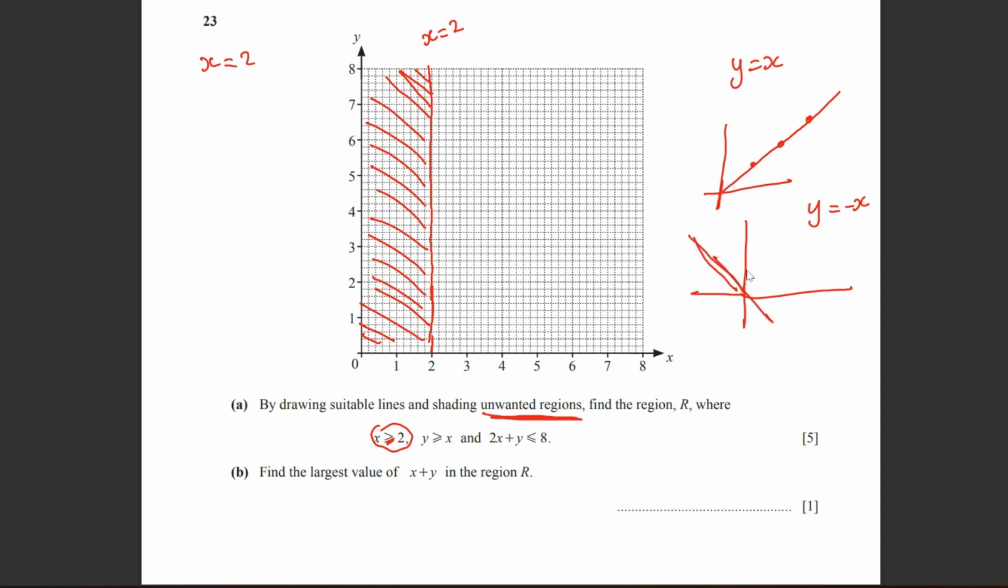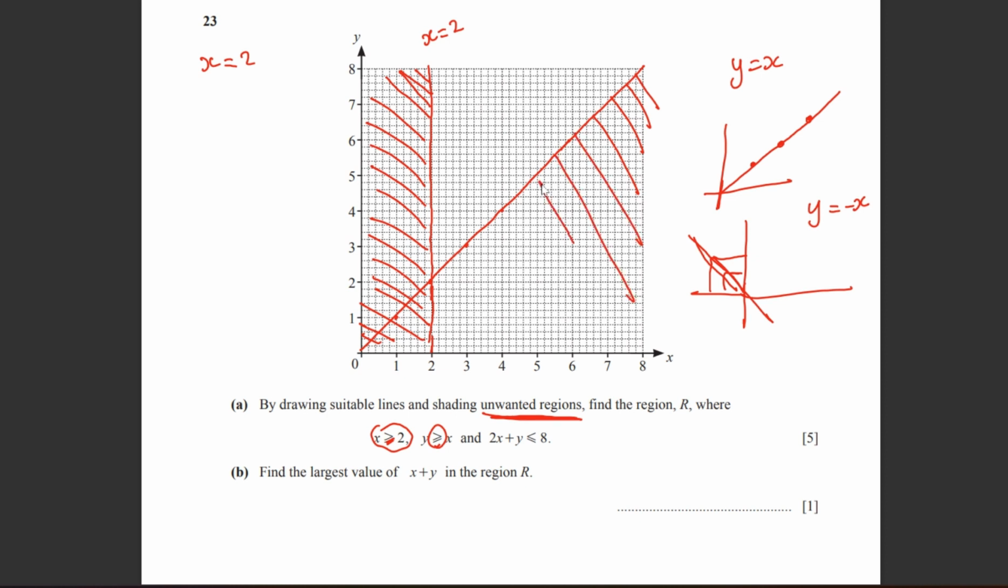So here it will be passing through 1 and 1, 2 and 2, 3 and 3, 4 and 4, and so on, which is also a solid line. So the line will be like this. And then it is greater than, that means this area, but I want the unwanted area, so I am going to shade this part.